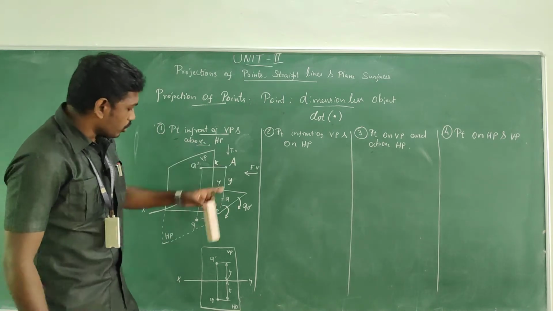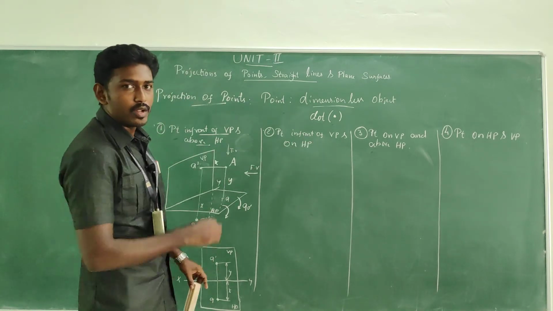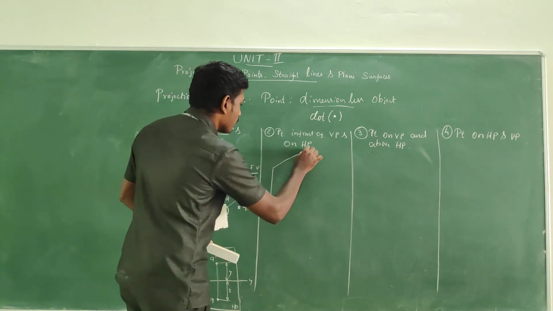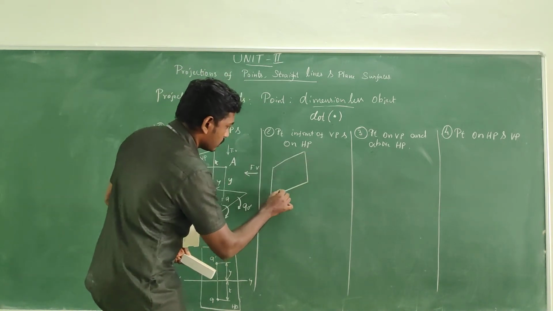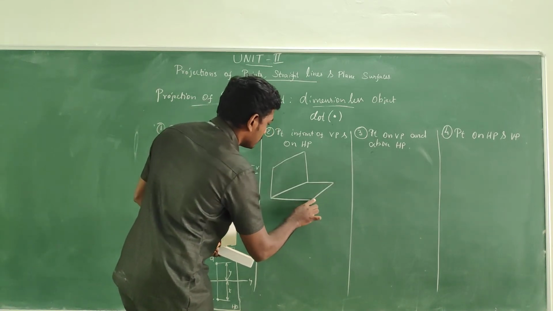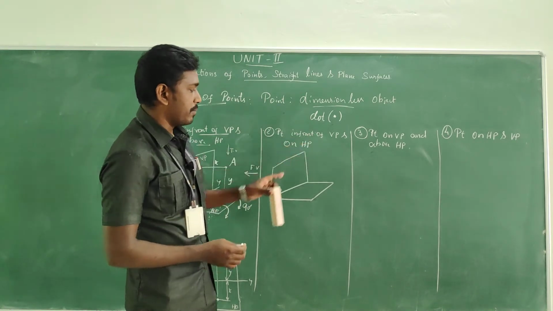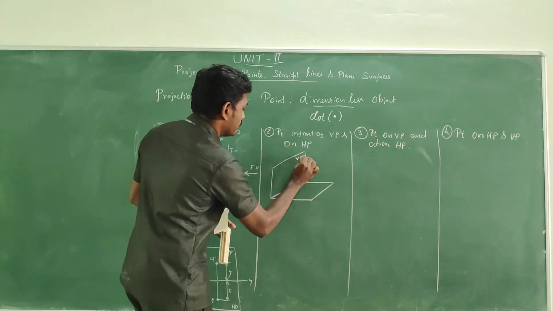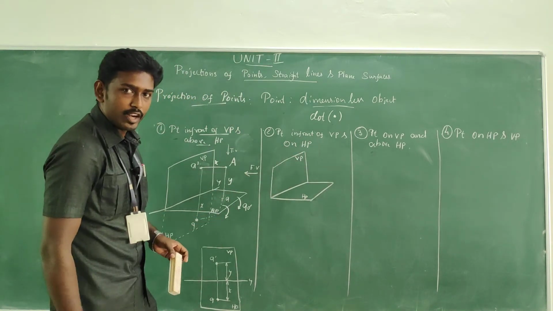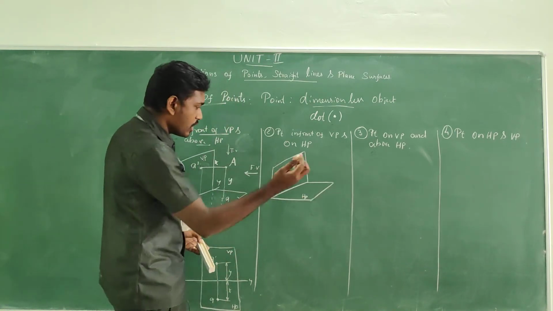Right, fine. So let me move to the next one, second position: in front of VP and on HP. For which, take the first quadrant. So you get like this. Now, what about the position in front of VP? It is in front of VP and on HP, situated on the plane of HP.